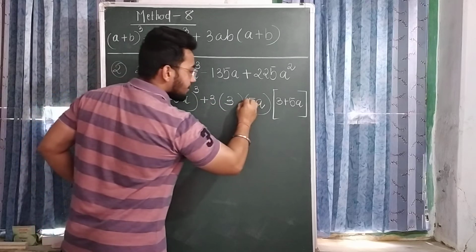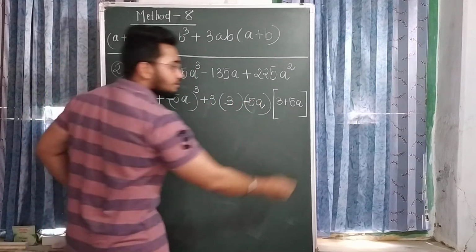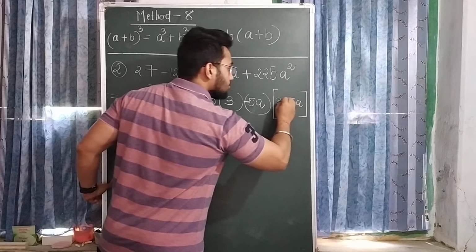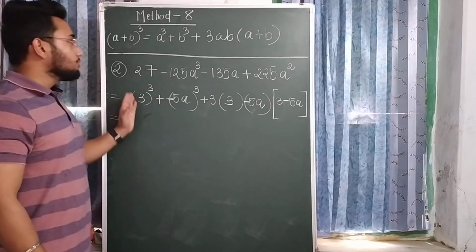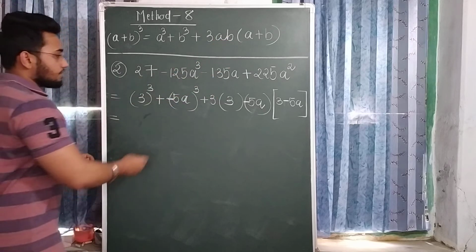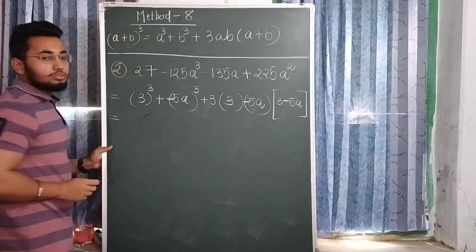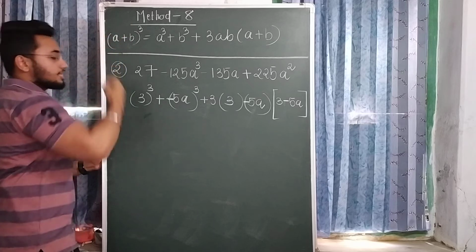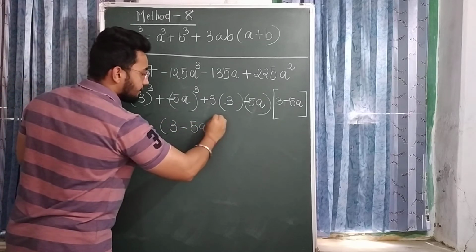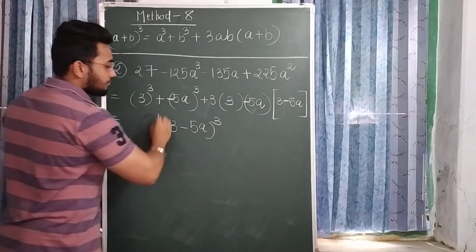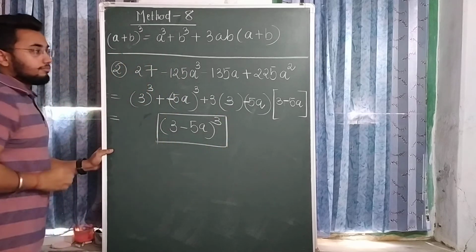Then here it will also be minus, and here it will also be minus. Now this is the expanded form of this. You just have to contract this and write it in the form a plus b the whole cube. This is your answer.